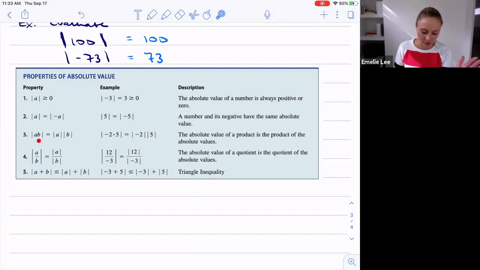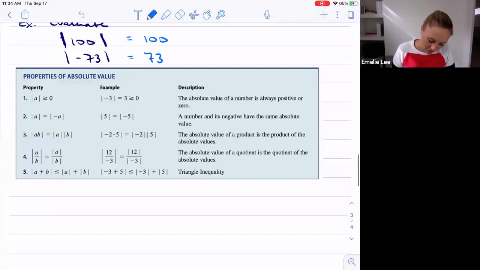So it's only for multiplication and division that you can split off the absolute value symbol and still have an equivalent statement. For addition or subtraction, it'll be a little bit different.